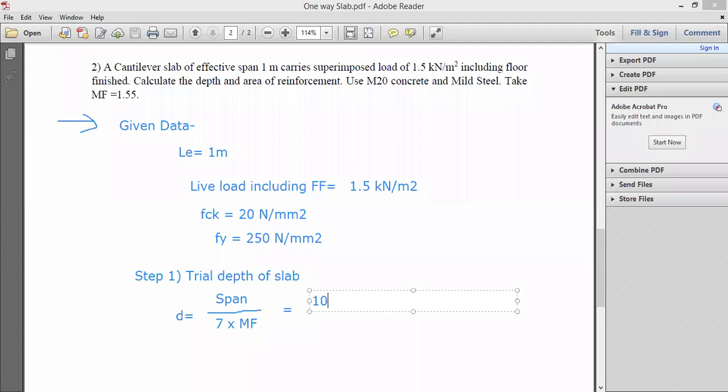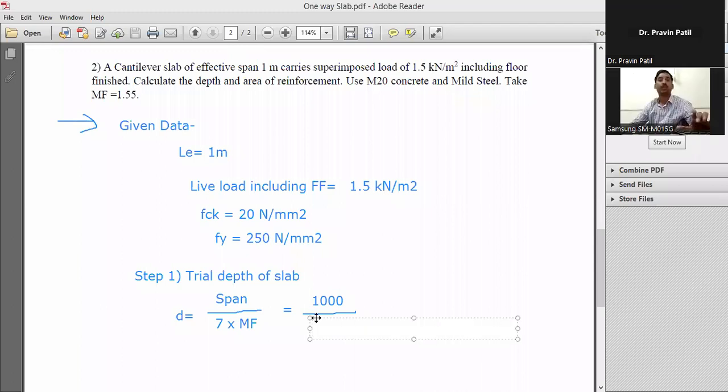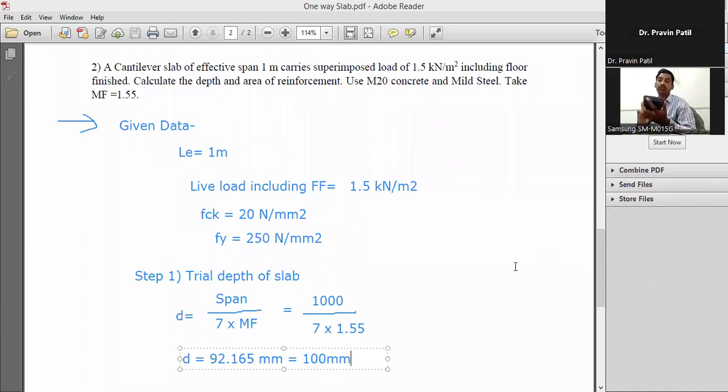The span is 1 meter, that is 1000 mm, divided by 7 into modification factor, which is 1.55. We get the effective depth: small d is equal to 1000 divided by 7 into 1.55, which is 92.165 mm. Rounding the figure, we take it as 100 mm. This one is small d.